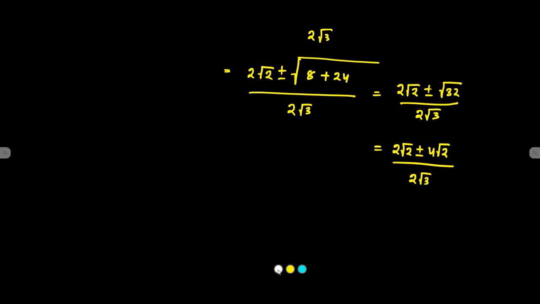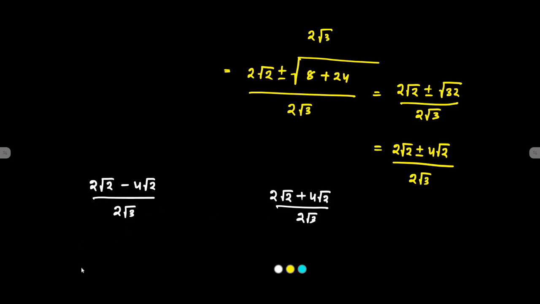Okay, so here there will be two values, two roots. One is (2√2 − 4√2) by 2√3 and (2√2 + 4√2) by 2√3.